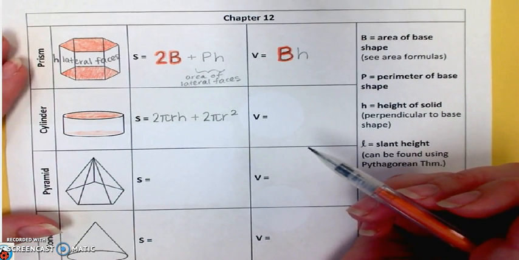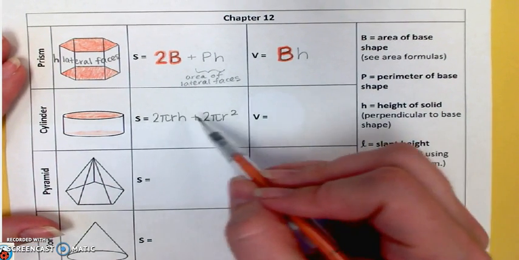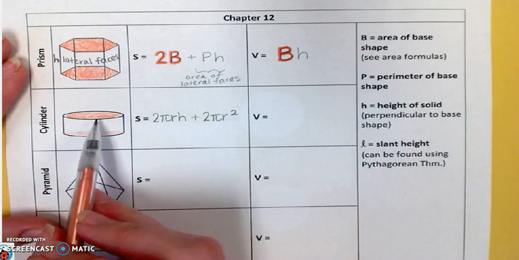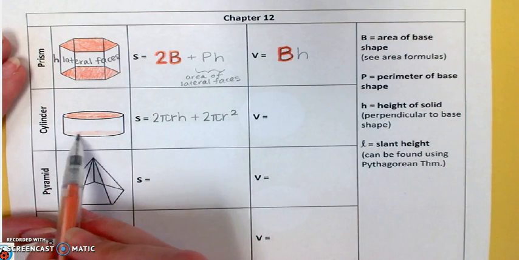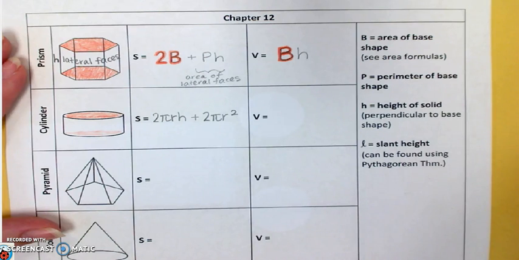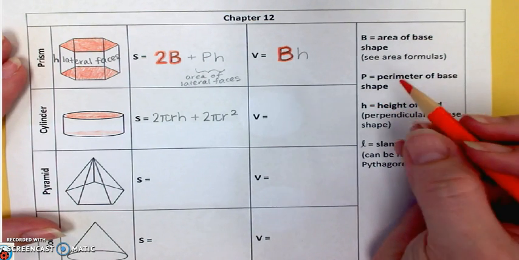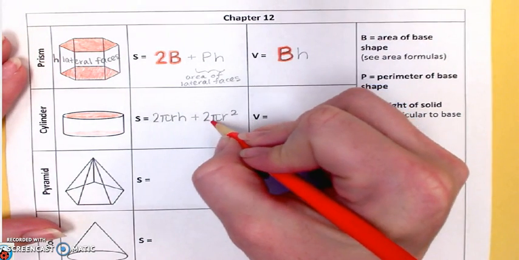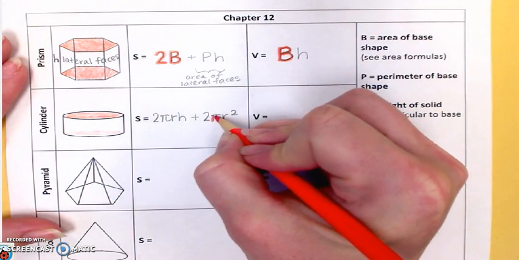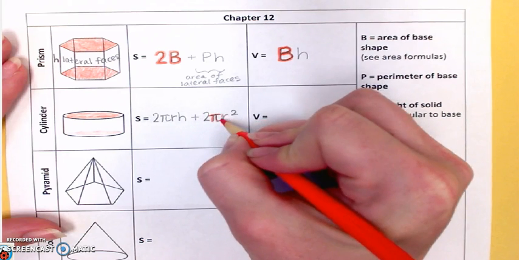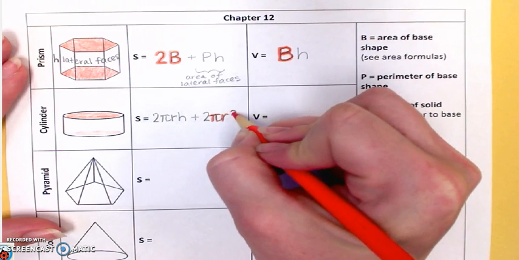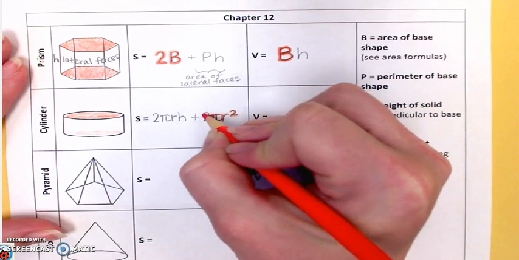I was wondering if you could tell me which part of this I am going to highlight in orange, or which part of this stands for the area of the two circles. And I'm hoping, if you know the area of a circle formula, that's the pi r squared, right? And so those two orange circles that I colored in, that's this part.